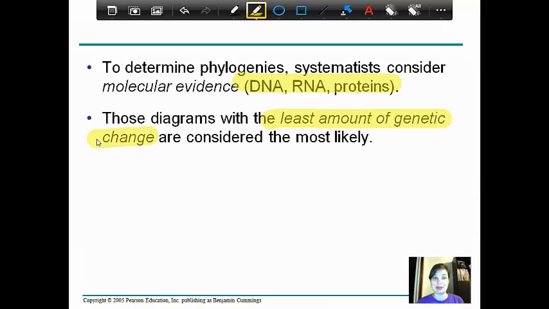Those are considered to be the phylogenetic trees that are the most correct, because we are going to assume that genetic changes happen at the same rate throughout time, throughout the millions of years. We haven't had jumps of genetic change where all of a sudden a bunch of DNA changed and then it slowed down. So we can assume that the rate of genetic change is the same, and the phylogenetic trees that show that are the ones that are most correct.